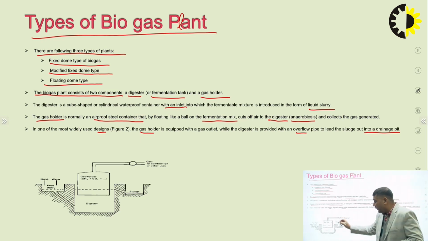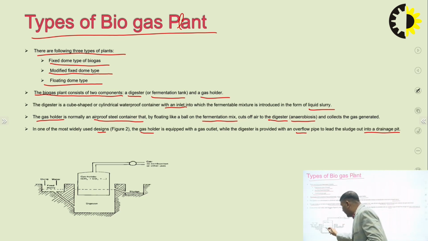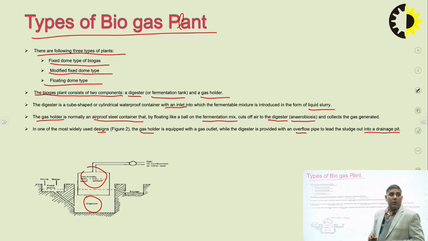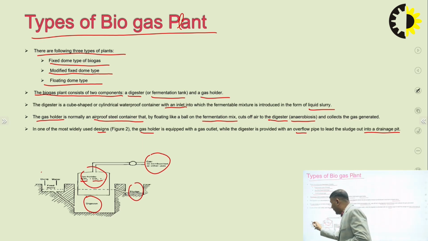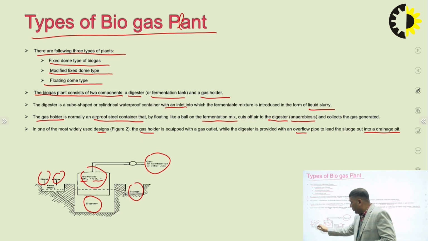So this is the diagram. We have a digester, the outer body, and a gas holder in which CH4 methane and CO2 carbon dioxide are produced, and we have an outlet for gas to combustion or other usage. We have sludge waste also. We feed animal dung as well as water, which is the feed slurry, to this tank-type structure through an inlet pipe.